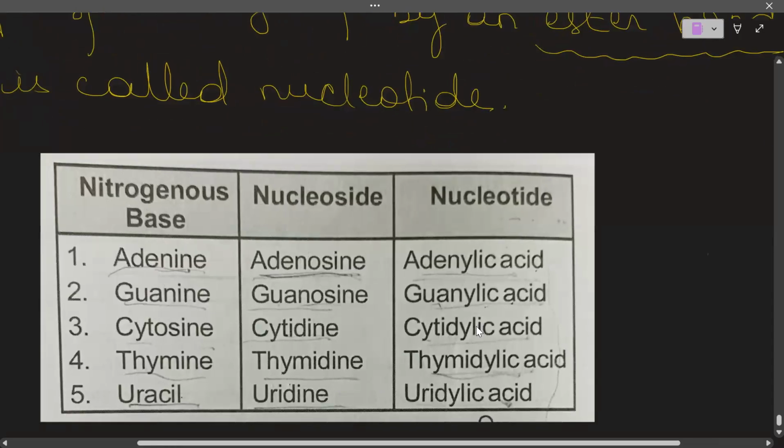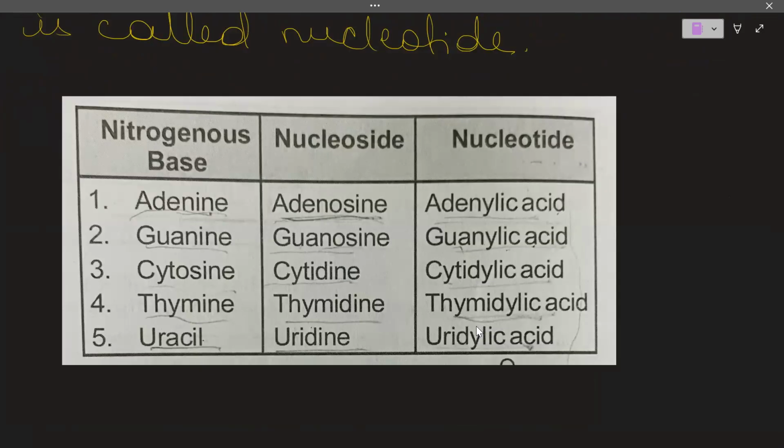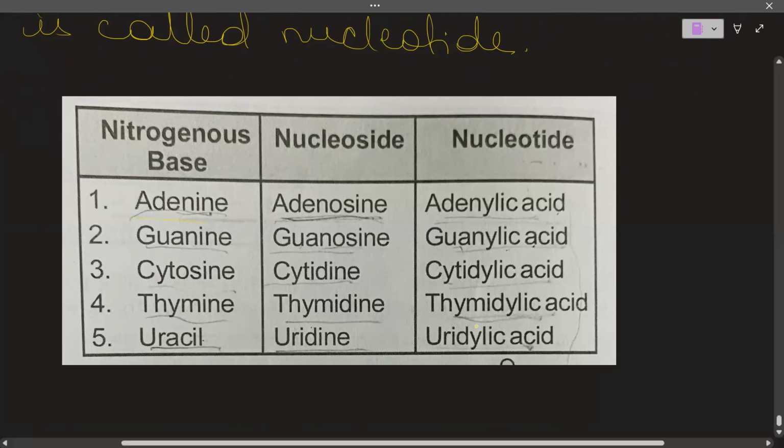Now this chart tells you that whenever the nitrogenous base combines with the pentose sugar, for example, the nucleoside of adenine, it becomes adenosine.